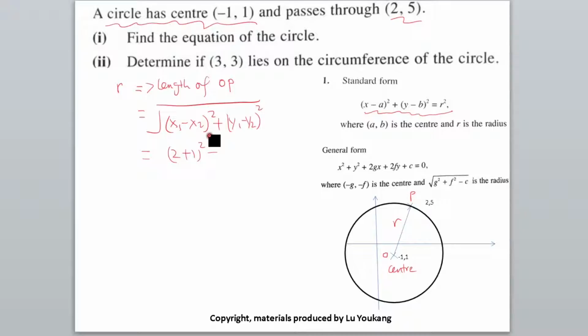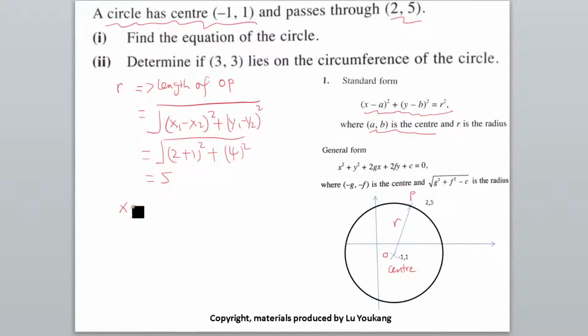So just sub in the values, and you should get the square root of (2 plus 1) bracket square plus 4 square, and you should get 5. So therefore, you have your center and you have your r. What you need to do is just sub in your center and your r into the standard equation.